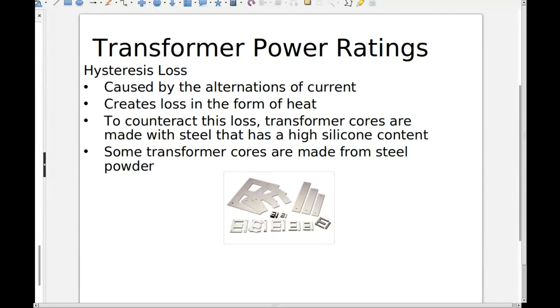The reason they do that is because it minimizes the eddy currents, because these plates are isolated. They have a little coating of insulation on them, so you can't have lots of current flowing through it. You have little eddy currents through each one of these, but it reduces the amount of current.